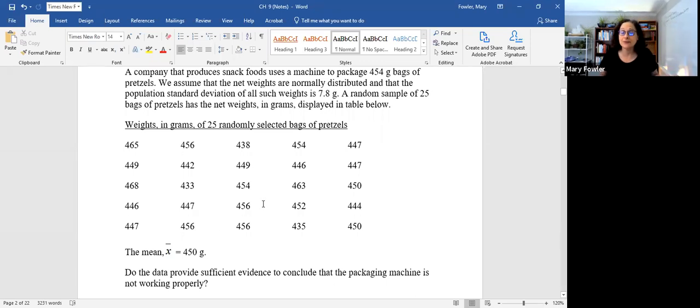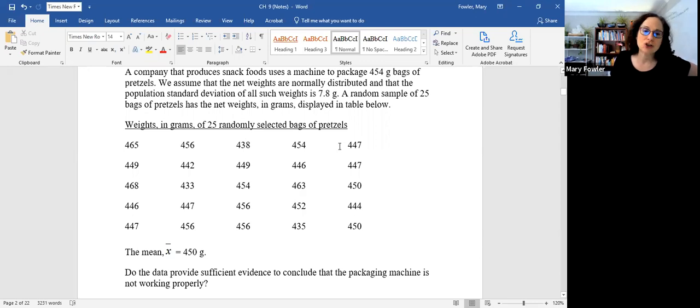Well, it's not exactly 454 grams, but is it close enough so that it seems normal or reasonable that this would be the mean of 25 bags of pretzels? Okay, so that's what we have to decide.